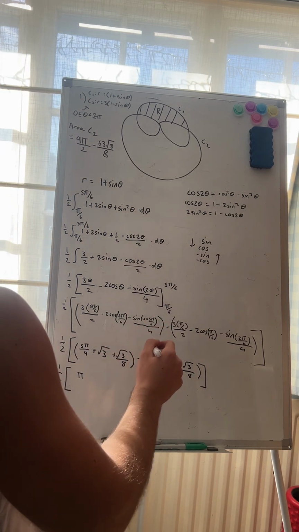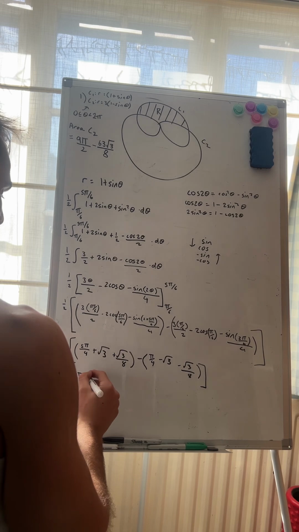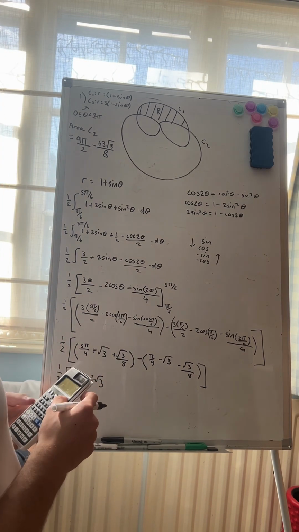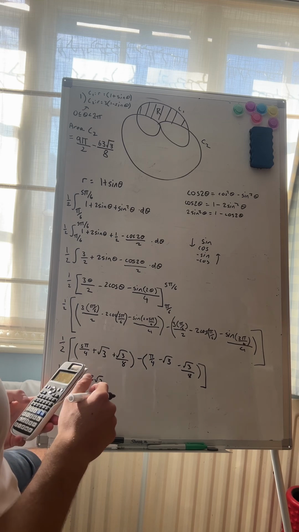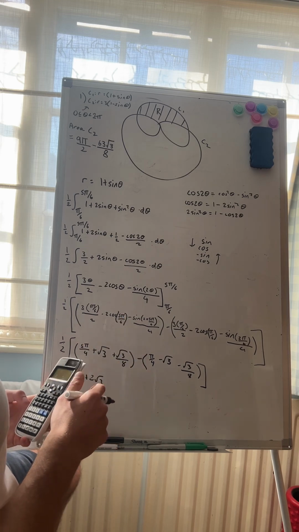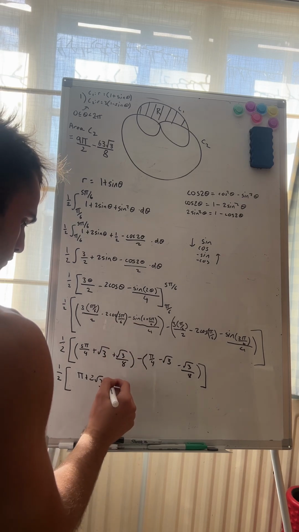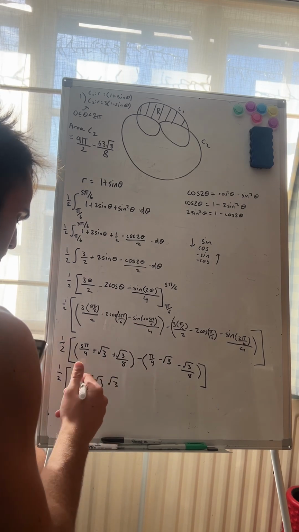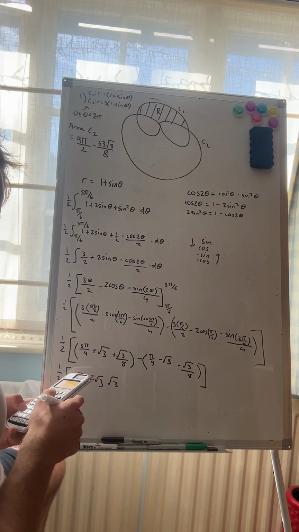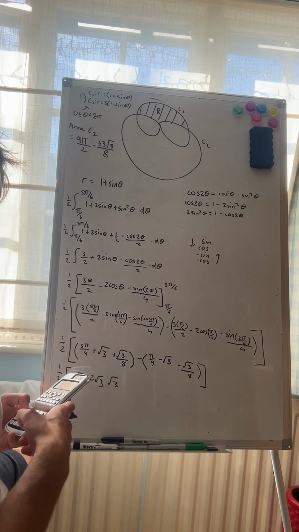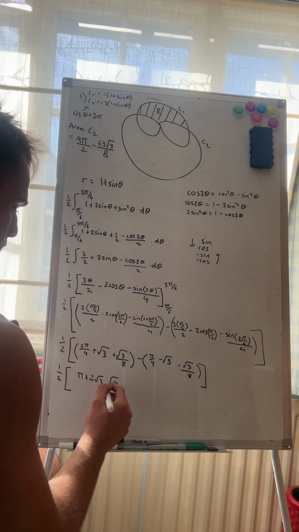Root 3 plus root 3 is 2 root 3. And then root 3 over 8 plus root 3 over 8 is 2 root 3 over 8, or root 3 over 4.